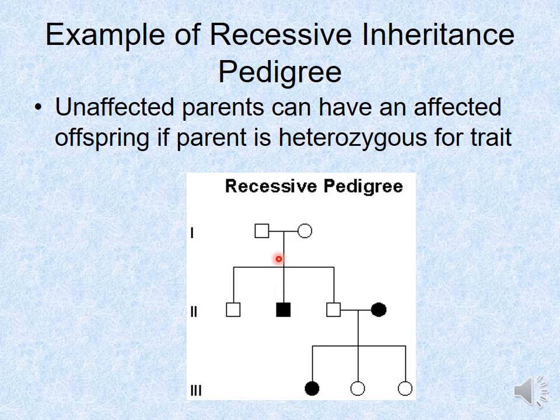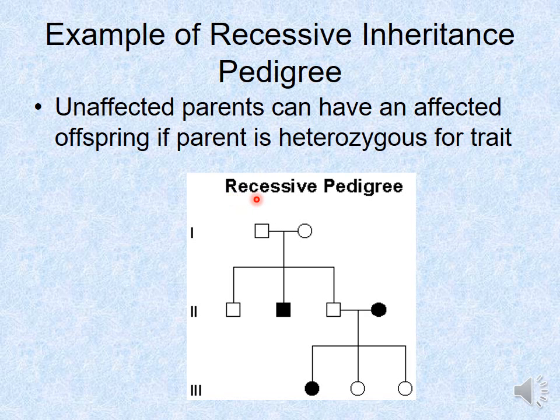So that means if this were a dominant trait and they're not being affected, then the only way that could be is if they were both little a, little a, because the dominant is going to be expressed.